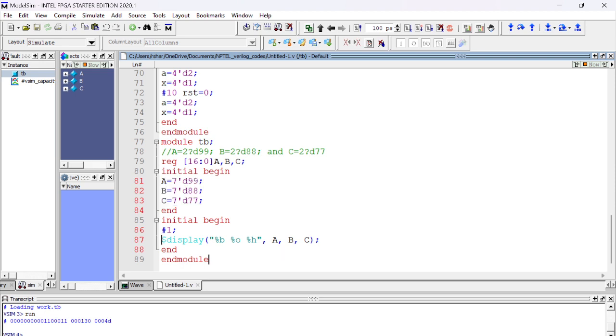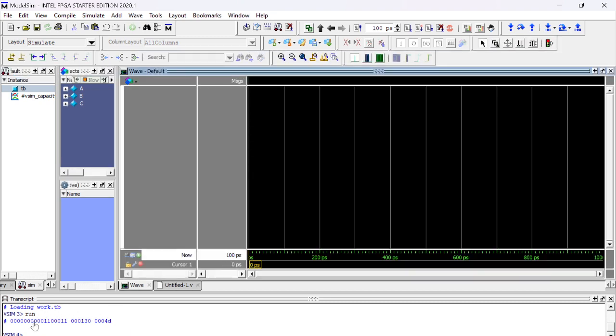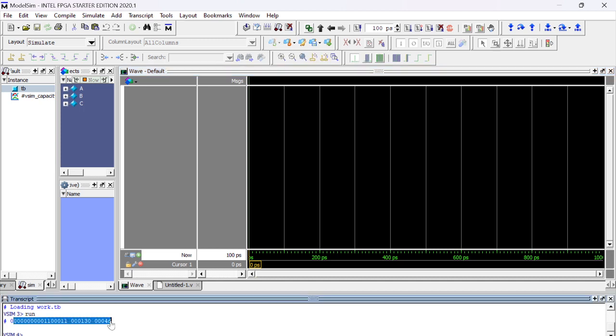Then I am displaying percentage B A, percentage O B, percentage H C. So next, if you simulate it, you can see $display will display it here. So first is 1100011, and 130, and 4D is the answer.